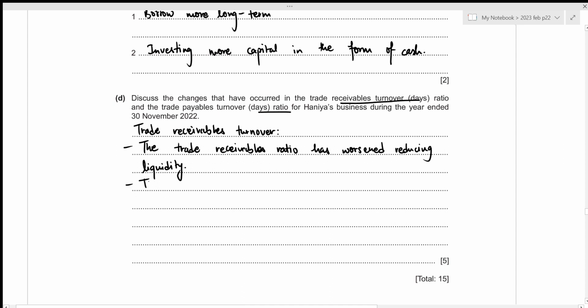Let's write it down as well. There could be less control over credit customers, leading to irrecoverable debts.